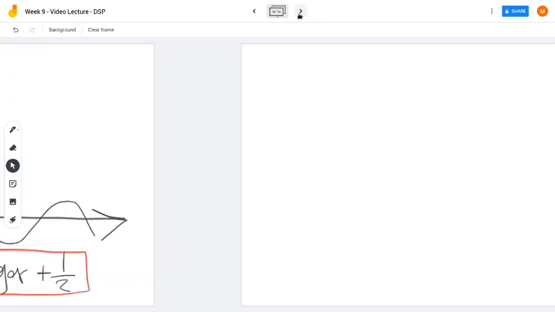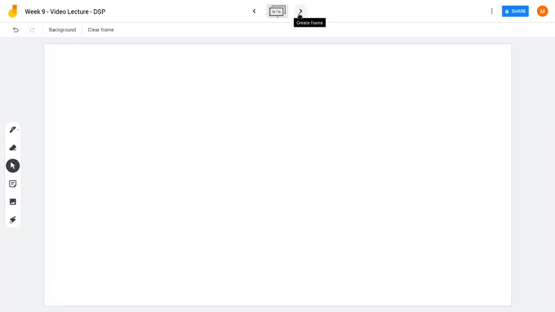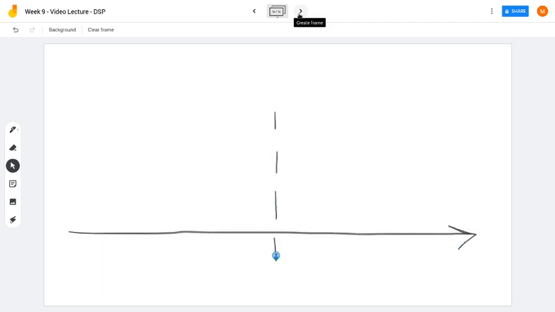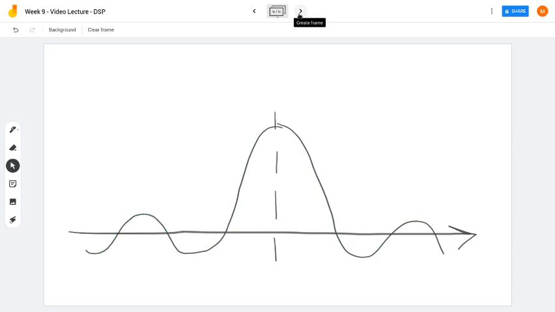But now, if we have an alpha which is not an integer and which is not an integer plus half, in this case, again, the sinc function will be shifted by alpha, which is not an integer and not an integer plus half. So alpha is not equal to an integer, not equal to an integer plus half.